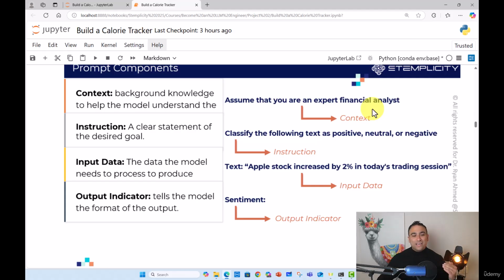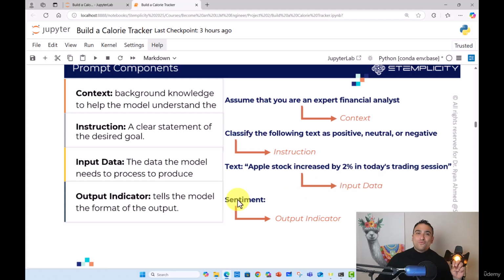And then what you do next is you give it clear instructions. So you say, classify the following text as positive, neutral, or negative. So this is just a clear instruction of exactly what you want the AI to do. And then you give it the actual input. So you say, Apple stock increased by 2%.